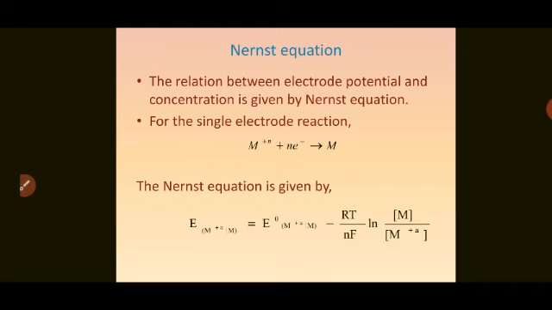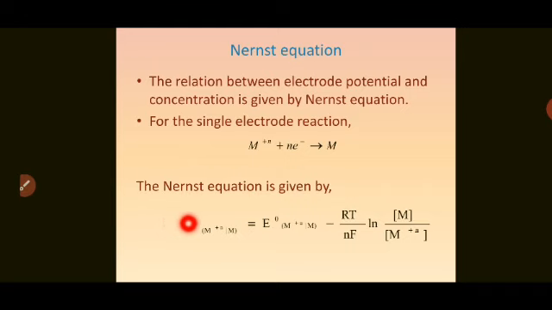Nernst showed that for the electrode reaction, that is M^n+ plus n e^-, that is n number of electrons are added, it gives M. For such types of reactions, the electrode potential at any concentration, whatever may be the concentration, measured with respect to the standard hydrogen electrode, can be represented by the following equation, that is E of M^n+/M. Here M^n+ shows the metal ion and M is solid.